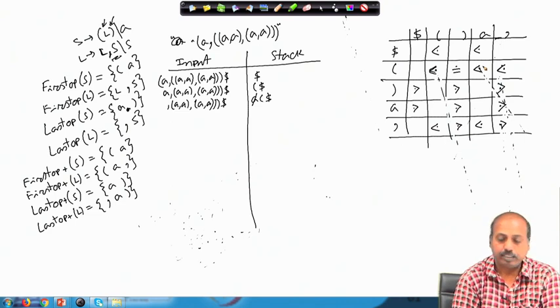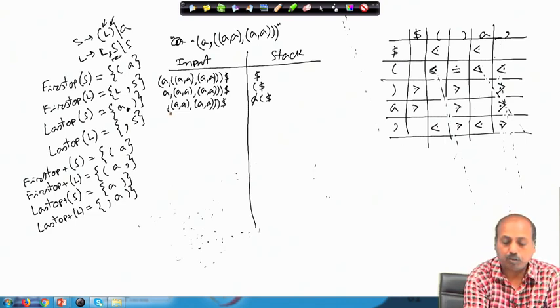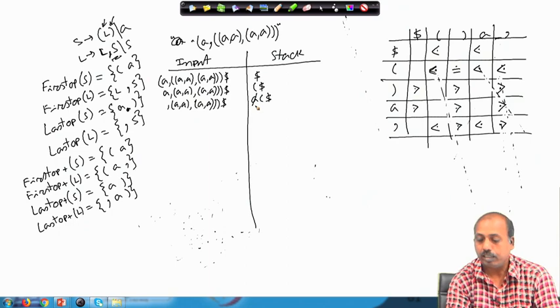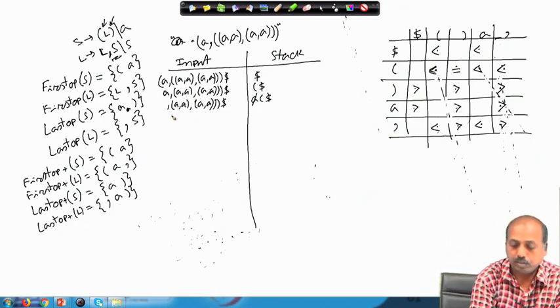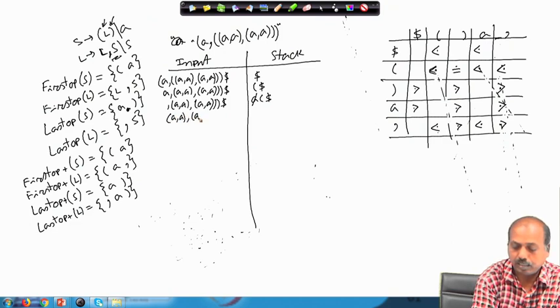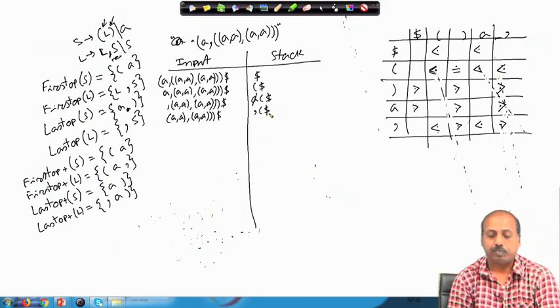So, it is at this situation. Now, we have comma and open parenthesis, and comma is of lower precedence than open parenthesis. So, it will be shifted, and the stack will be comma open parenthesis dollar.